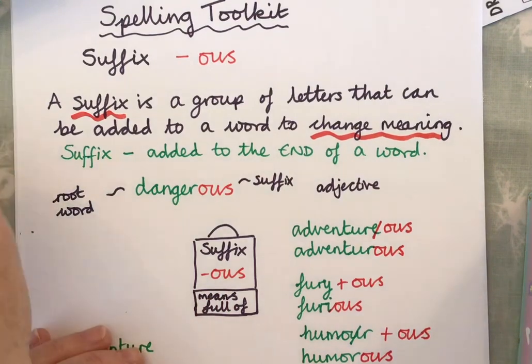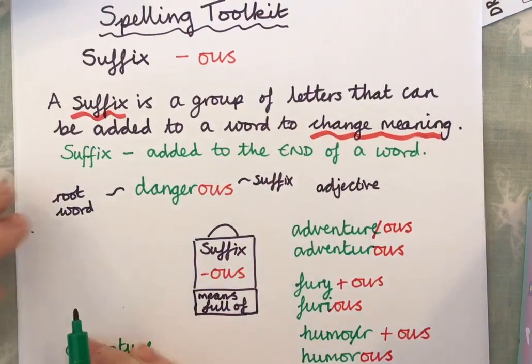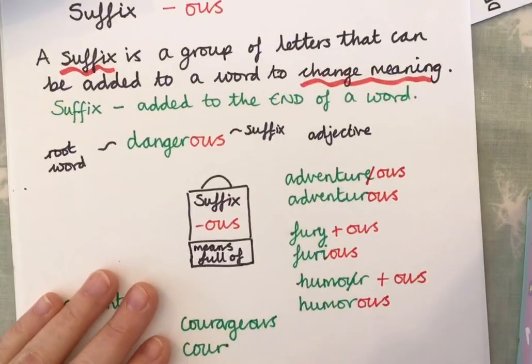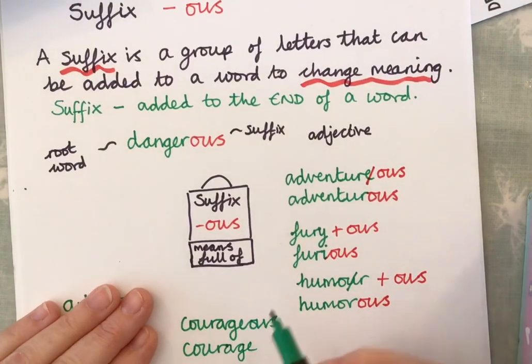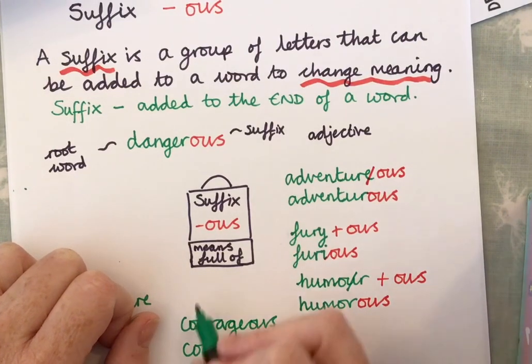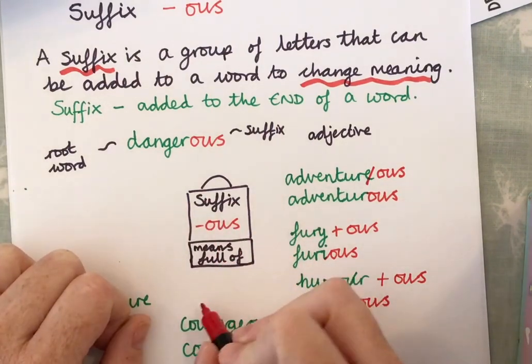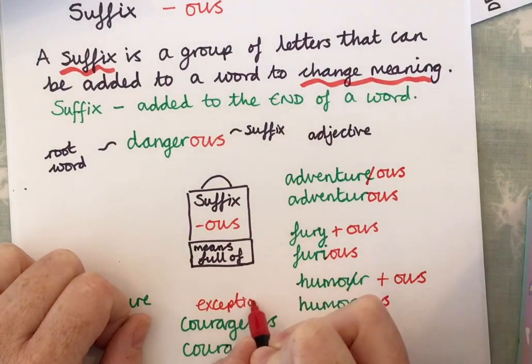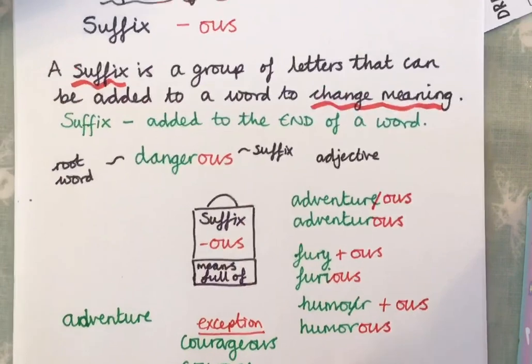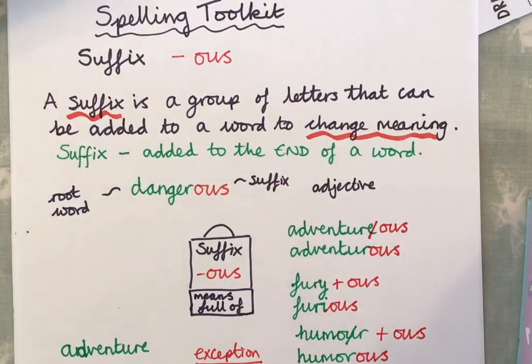For example, if I write down under here the word courage, it does end in an E, but you don't need to take the E off before you add O-U-S. So that is an exception to the rule.